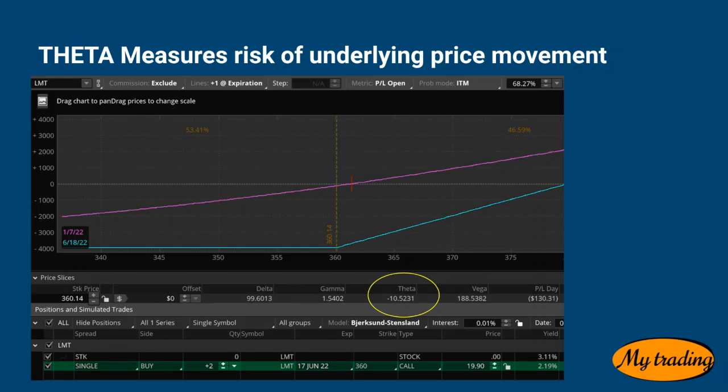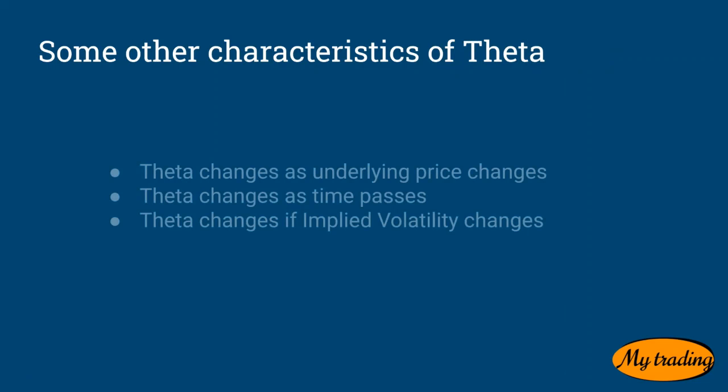I prefer to not have time working against me, and most of the time I try to create something that's very delta neutral, so I don't care where price goes as long as time passes, and time is always going to pass. So I'm happy with positive theta positions, but not everybody does that. It's worth knowing that you can get into negative theta positions, and sometimes they're worthwhile. So it just depends, but you need to know what they are and that they work both ways.